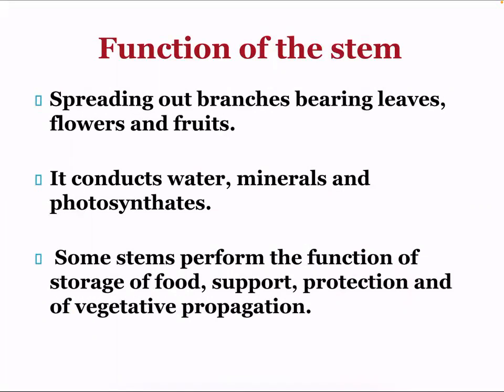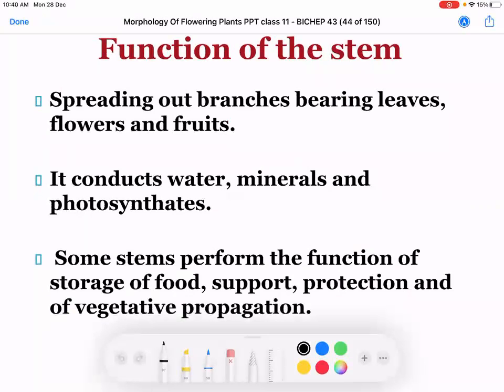Now, the main functions of the stem. As we have studied the main functions of the leaf, these are the main functions of the stem. Number 1, spreading out branches, and these branches bear leaves, flowers, and fruits.